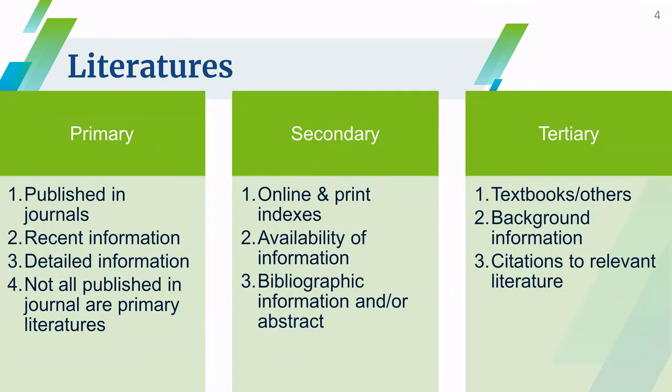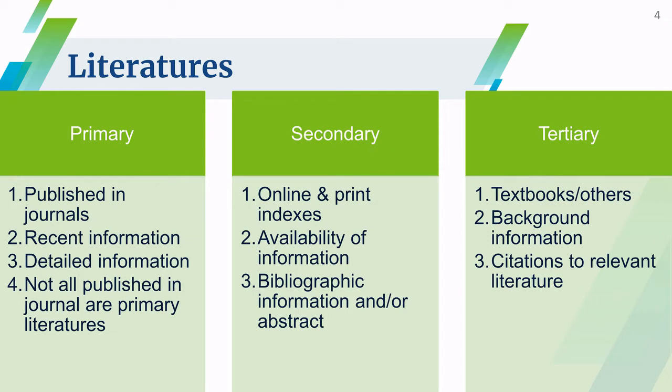If we compare the three types of literature, we can say that the primary literature is used to obtain the most recent information available on a topic. Tertiary references should always be consulted for background information and to understand the standard of care for a disease.